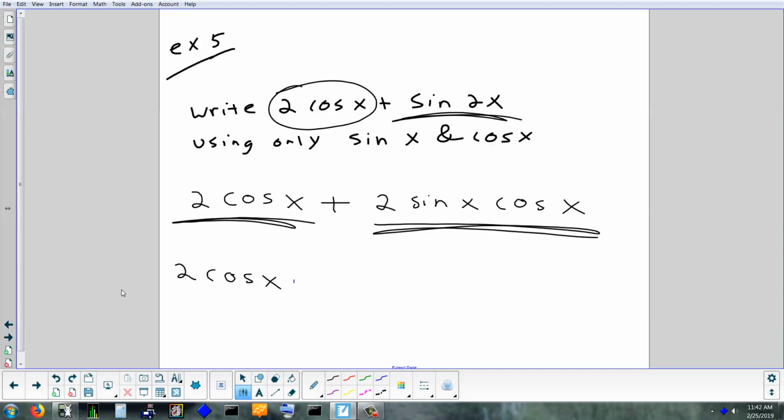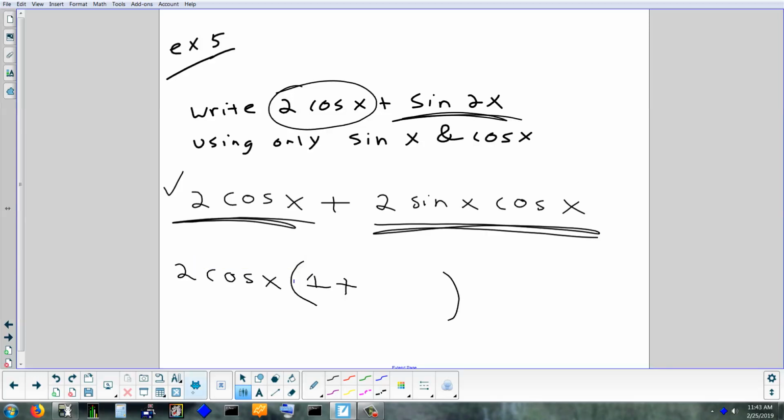Okay. I'm doing that, not that they said to do it here, but you're going to have to do it tomorrow, so I'm just showing you how it works. Technically, at this point, you've done what they wanted. But to write it just a little bit nicer, if you factor out 2 cosine x, what would you have to put right there? So when you distribute, you get back what you started with. 1. Yep. 2 cosine x times 1 is 2 cosine x.